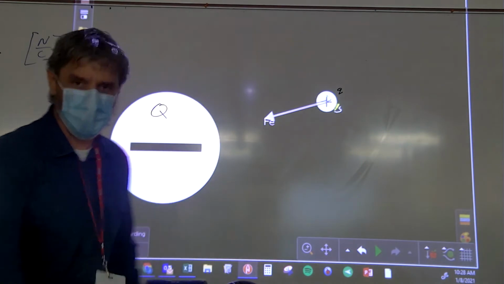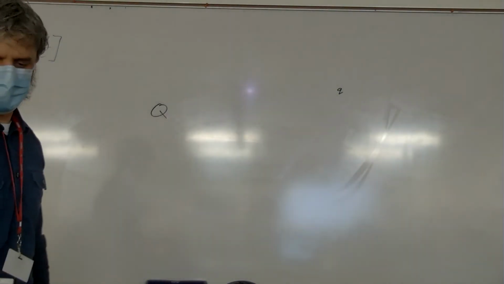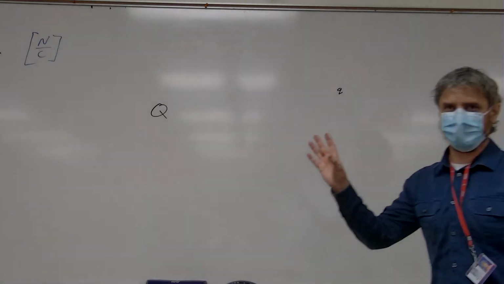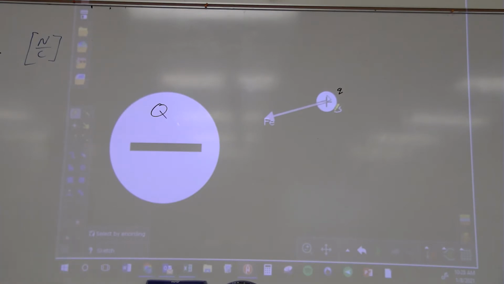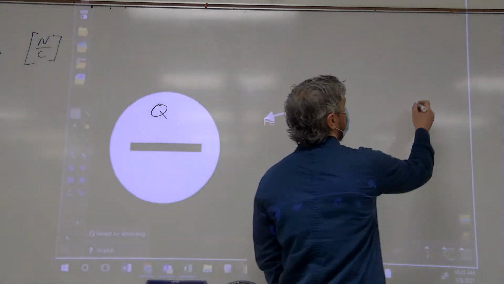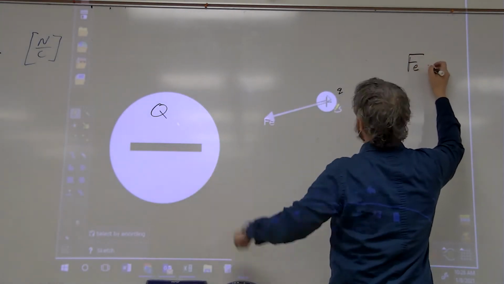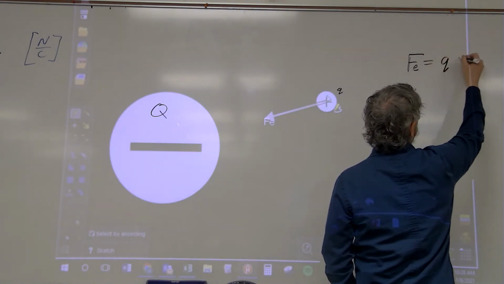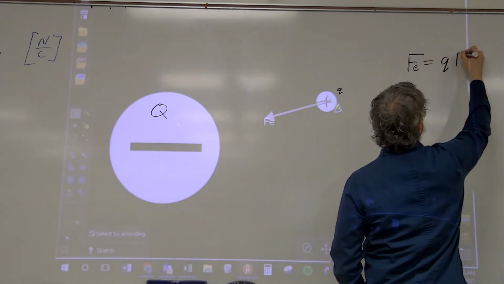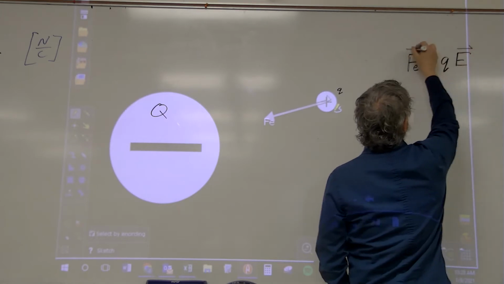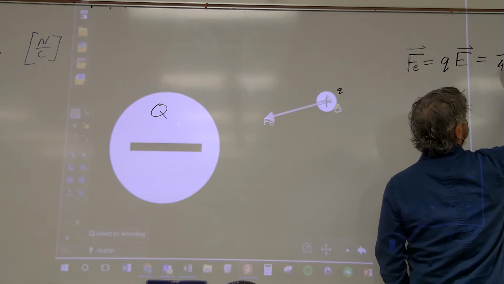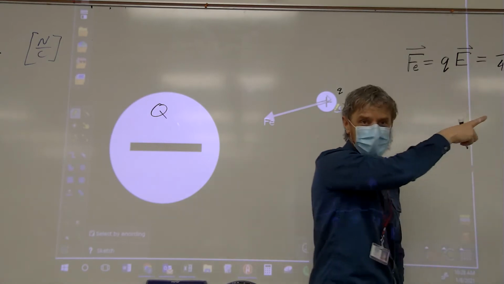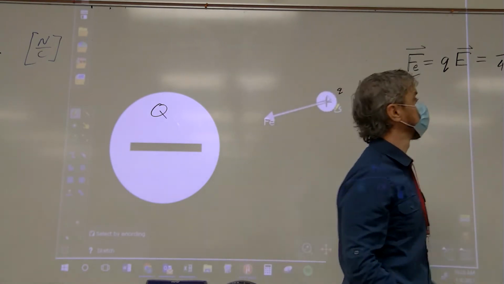And the reason that works, that's not the light switch, is the same reason that the whole gravity thing worked. Because Coulomb's law is very much like the law of universal gravitation. So I know the electric force, according to that definition over there, is just the little charge times the electric field. And I also know, according to Coulomb's law, that that's 1 over 4 pi epsilon naught, which you can write k instead if you want, but this is how it's written on the formula sheet.